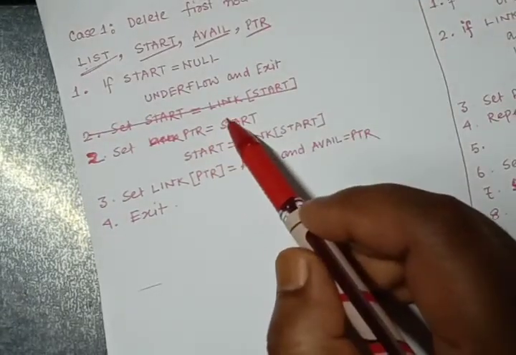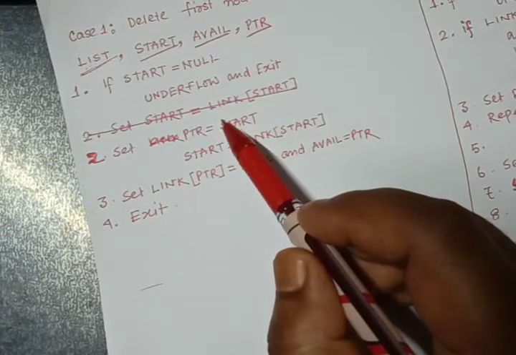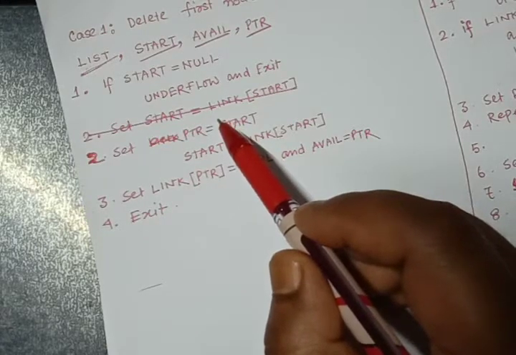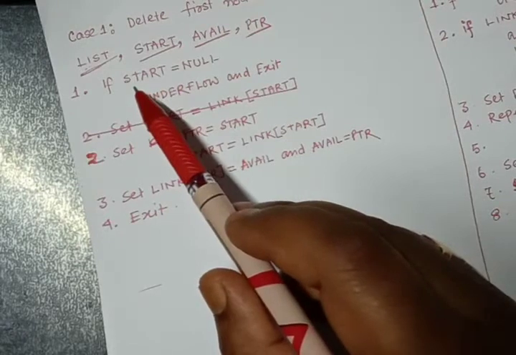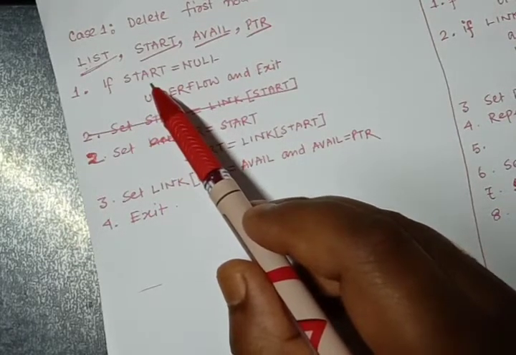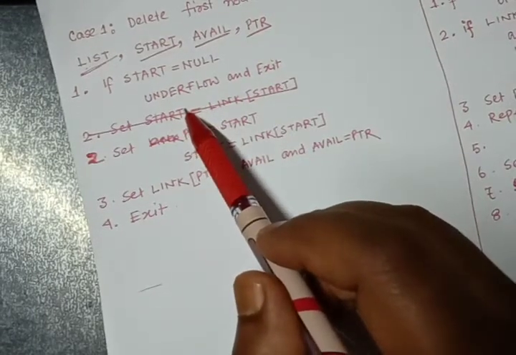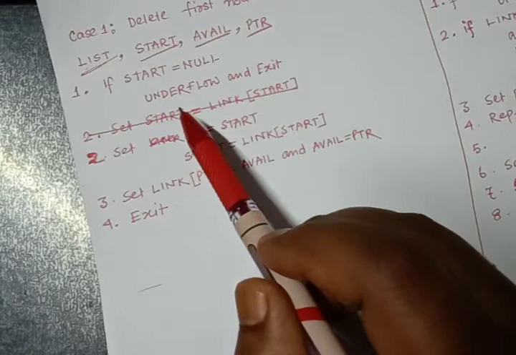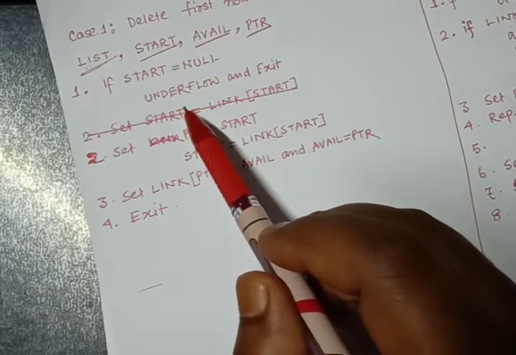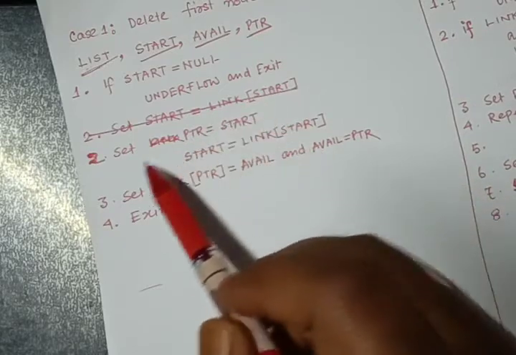As I have already told, in case of deletion we have to check whether the list is empty or not. So how can we check? We can check it with the starting address of the node. If start is null, then there is an underflow, that means the list does not contain any node and we exit from the program.